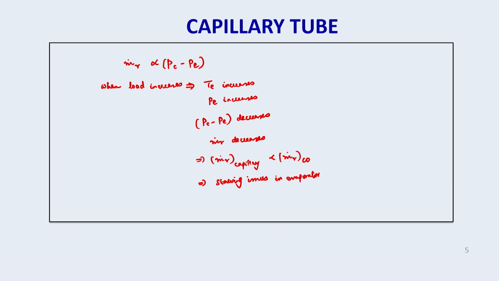Now let us see what happens when the load decreases. When the load decreases, evaporator temperature decreases, which will reduce the evaporator pressure.